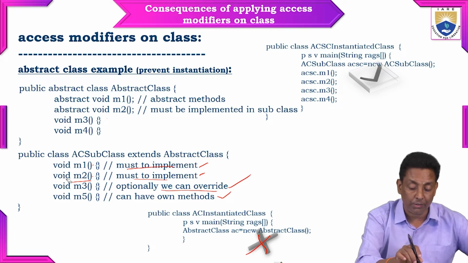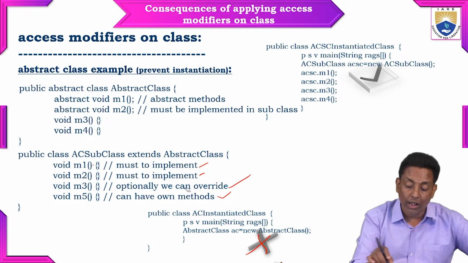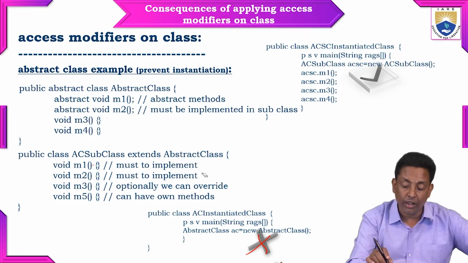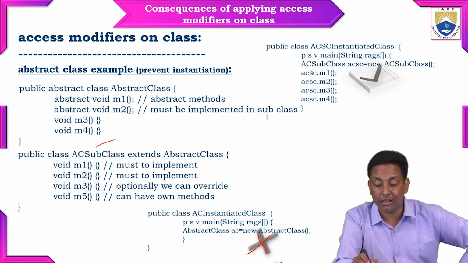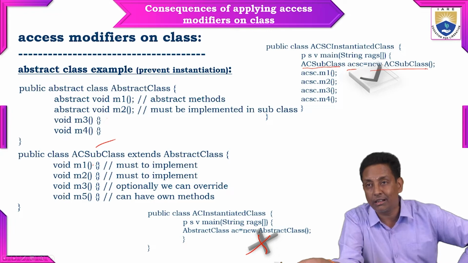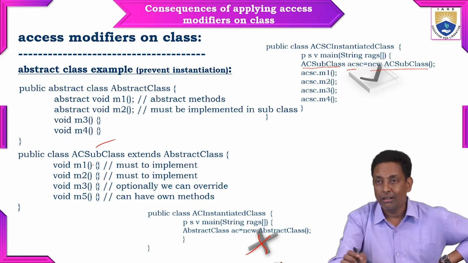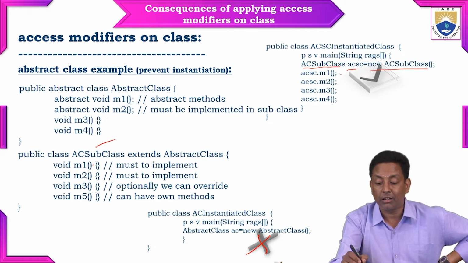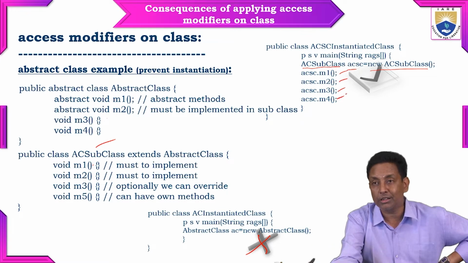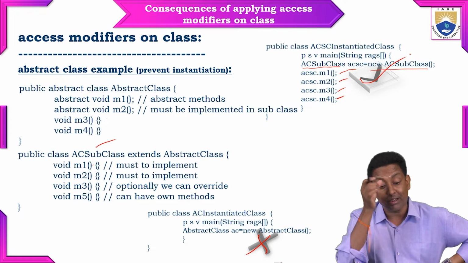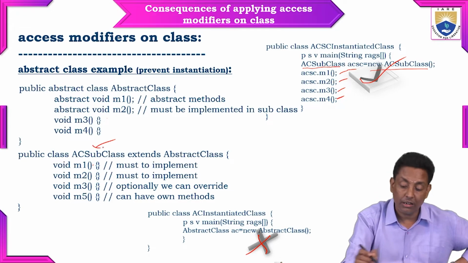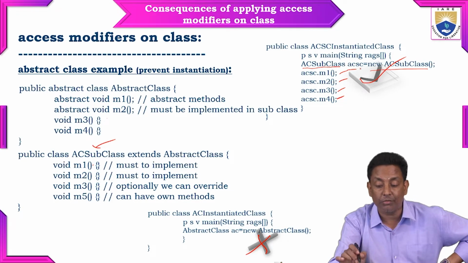Then you instantiate the subclass: ACSubclass acsc = new ACSubclass. After instantiating it, you invoke M1, M2, M3, M4. This is correct. The abstract class subclass can be instantiated, and with the help of that object we can call the methods.